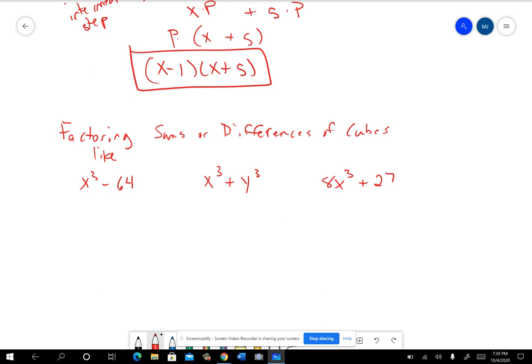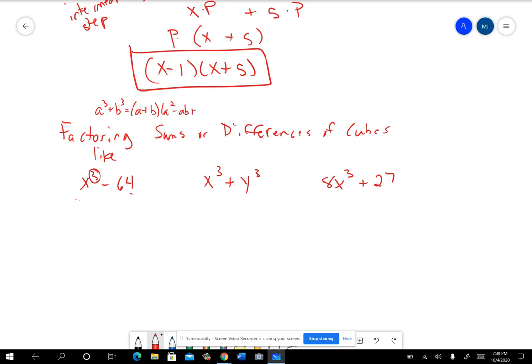All right, now these involve formulas. So the second you notice that something's a cube, and you realize it really is a cube, and there's not a common factor or anything like that, then you go and look up the formulas. You'll be given this, so you don't have to take time memorizing it.